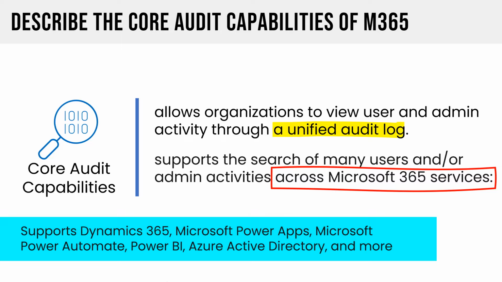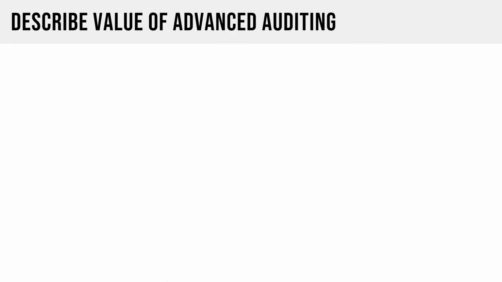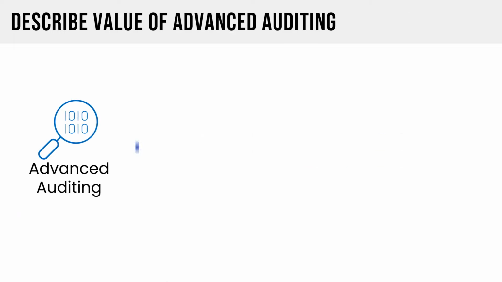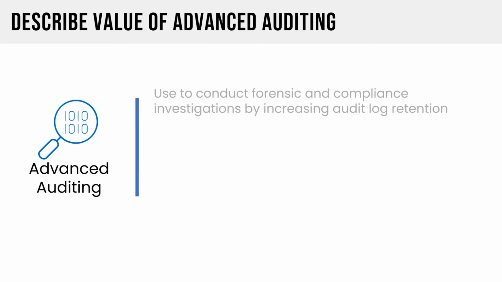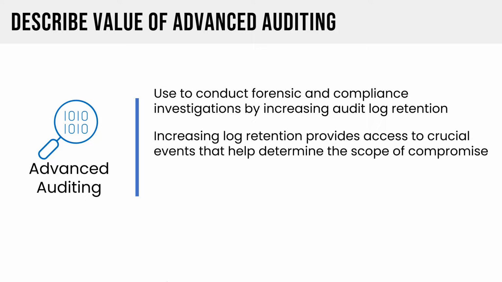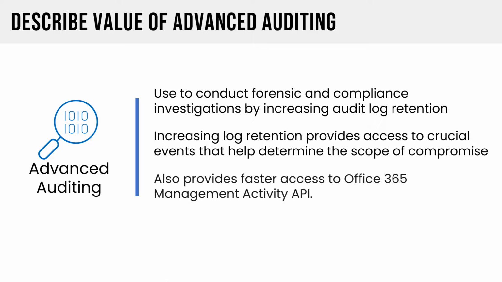Now there's core audit, which we're talking about here, that unified log, and then there's advanced auditing. The difference here is advanced auditing is used to conduct forensic and compliance investigations by increasing audit log retention. So we increase that retention, which provides longer term access to crucial events that may help determine the scope of a compromise.